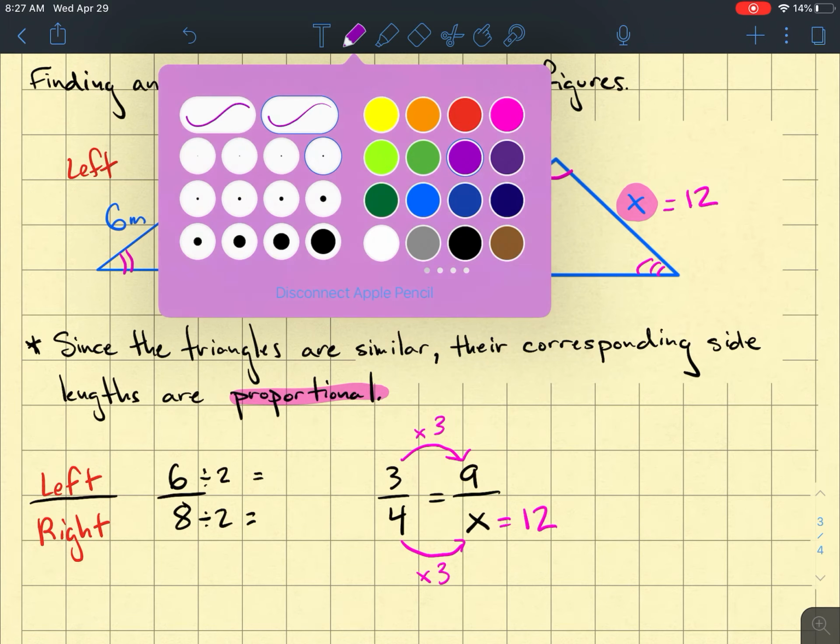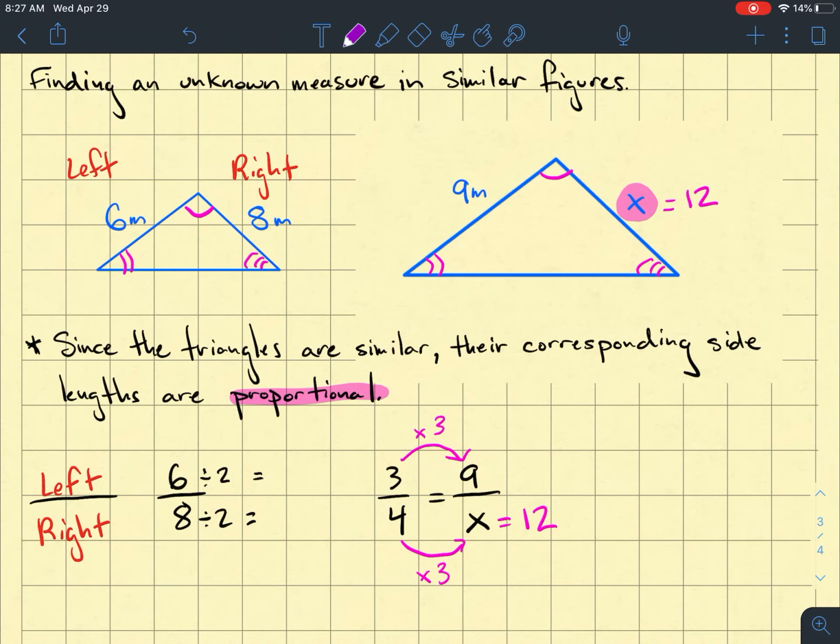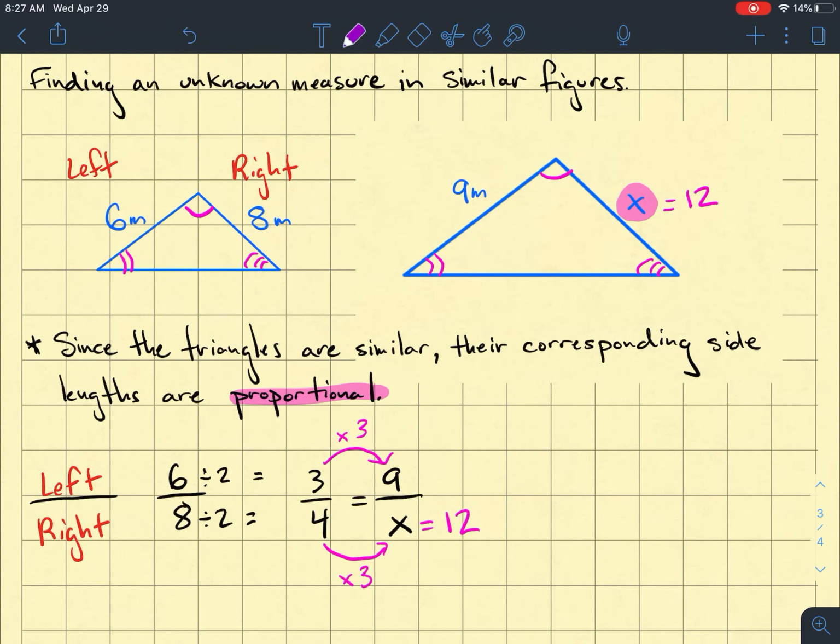Now let's say you don't like to do scaling. Maybe you look at it this way. You have your 3/4 equals 9/x, and you do the cross-multiplying method. We multiply 4 times 9, so we get 36, and then we get 3 times x, which equals 3x.